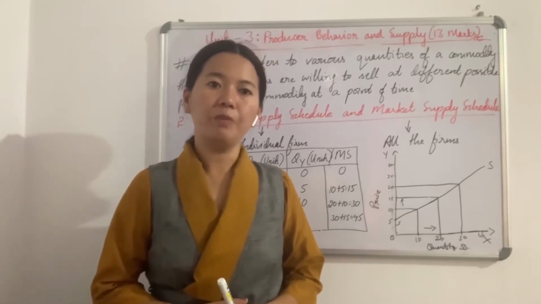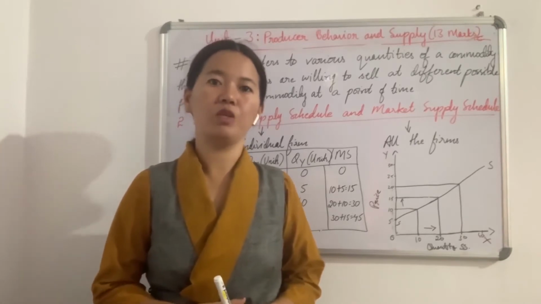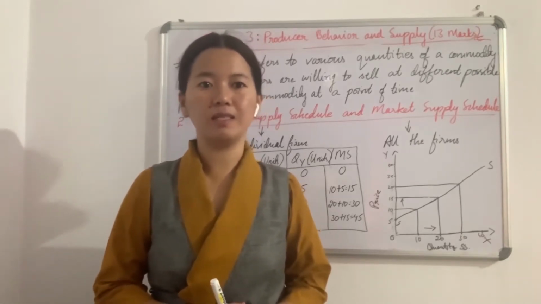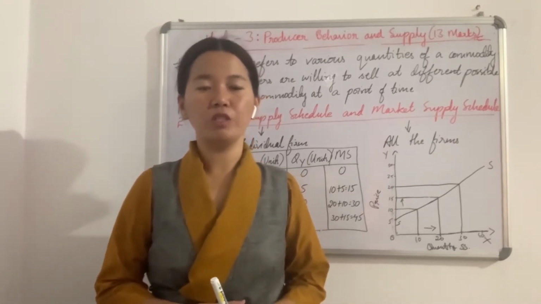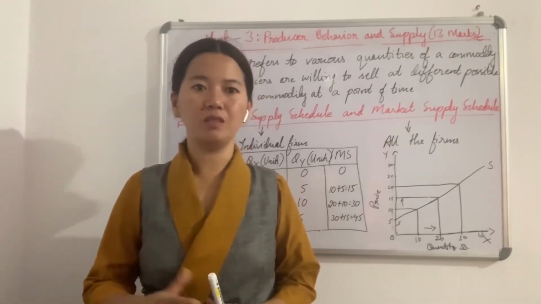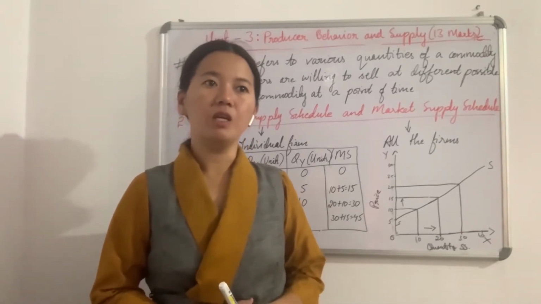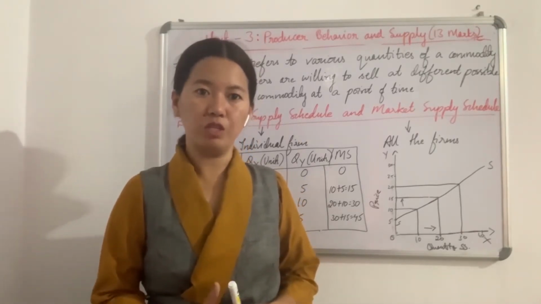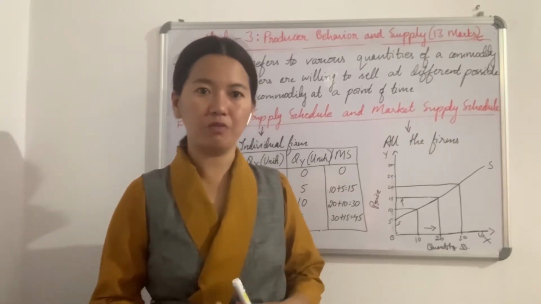And if the price of a commodity decreases, then his supply would definitely fall as he is getting less profit from his output. So according to the changes in the price, the quantities of a commodity that the producer is willing to sell will also change. So the supply of a commodity depends upon the price of a commodity.